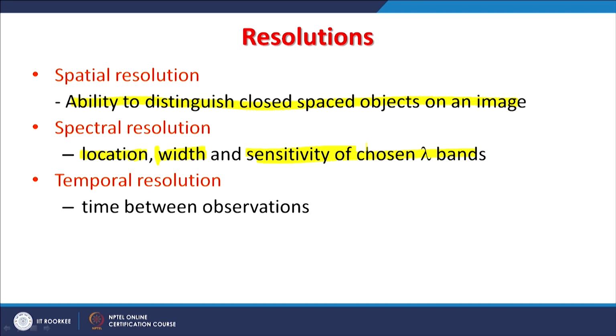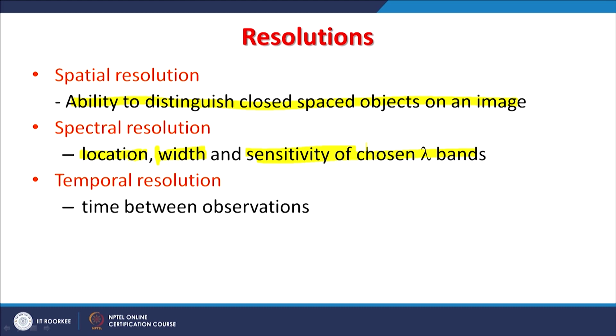For example, a sensor with high spatial resolution may have very poor temporal resolution, because high spatial resolution images will have a very narrow swath, and that means in order to revisit the same area it may require even 28 days or so.